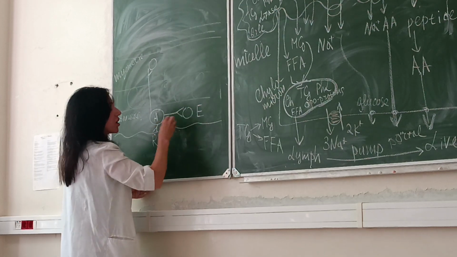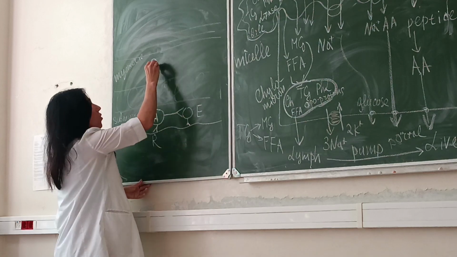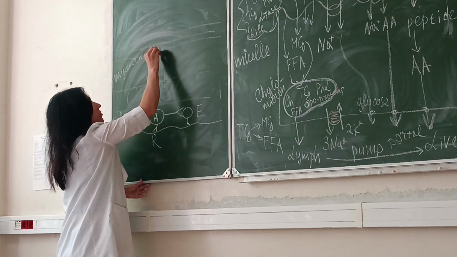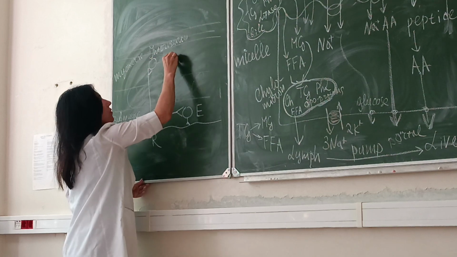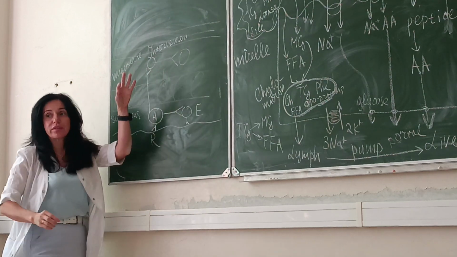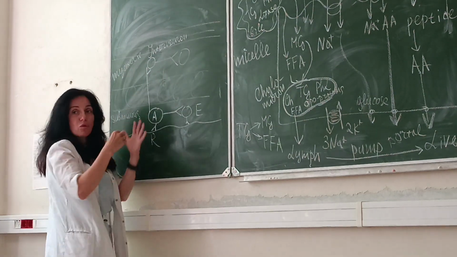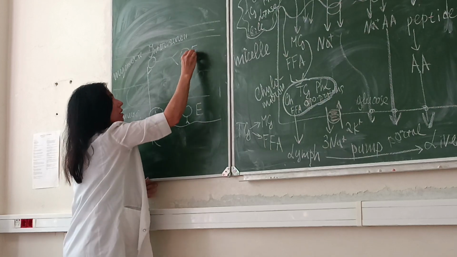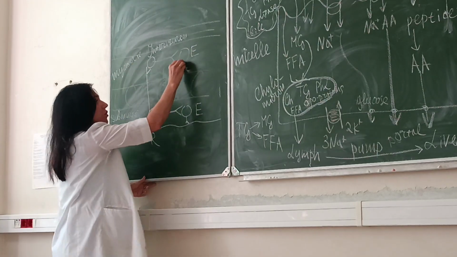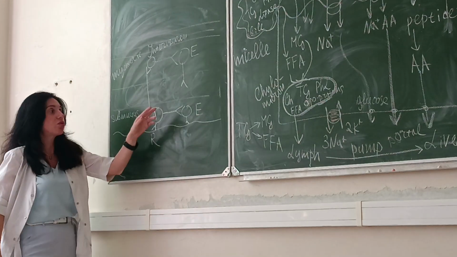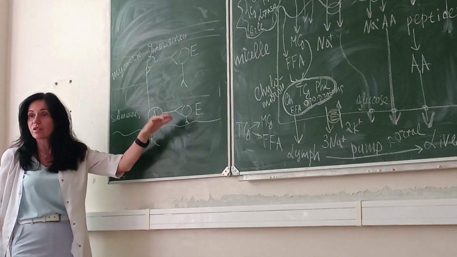Afferent cell directly or via an interneuron, and then efferent. There may be different variants, not a common scheme. Afferent neuron, interneuron, efferent neuron, or afferent neuron indirectly to efferent.